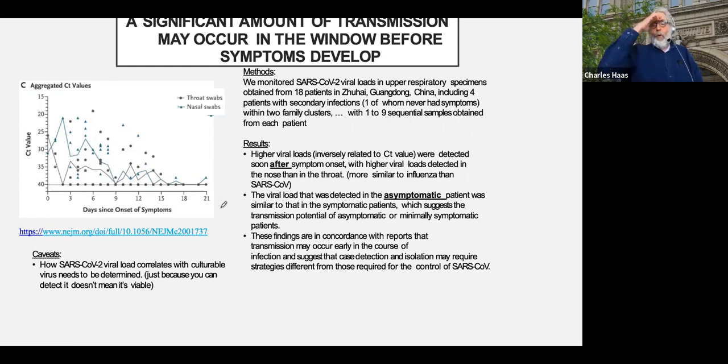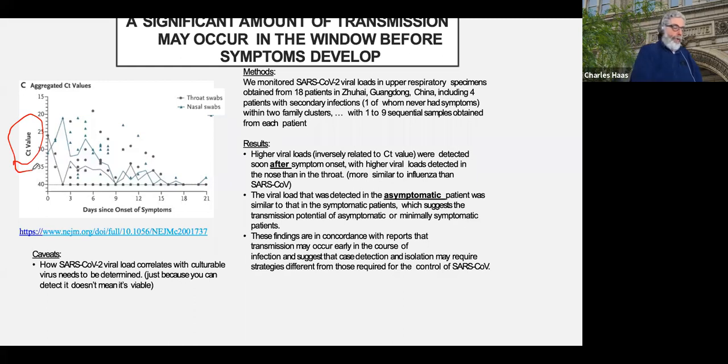This is a study of some earlier cases in China where they looked at the days since the beginning of symptoms. So CT value, remember, one of the ways to measure RNA is by PCR, the polymerase chain reaction. And the lower the CT value, the lower number of cycles you need to get detectable DNA in the PCR reaction, the higher the starting concentration of RNA was.